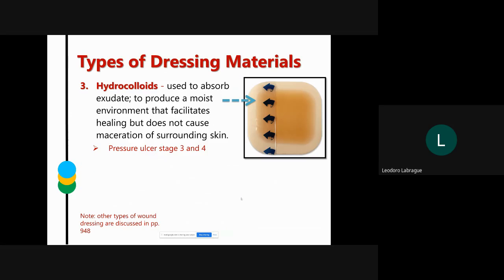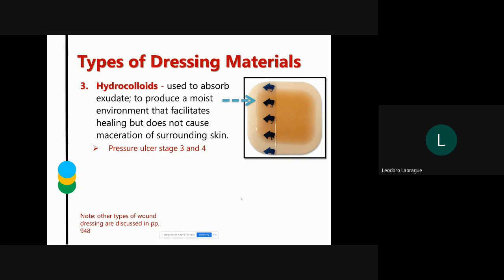Okay? This one, the third type, don't you worry, you will learn all different types of dressing when you go to other courses because there are hundreds of dressing materials. But I'm going to discuss only 3. The third type of dressing materials is hydrocolloids. And this type of hydrocolloids has an absorbing material.